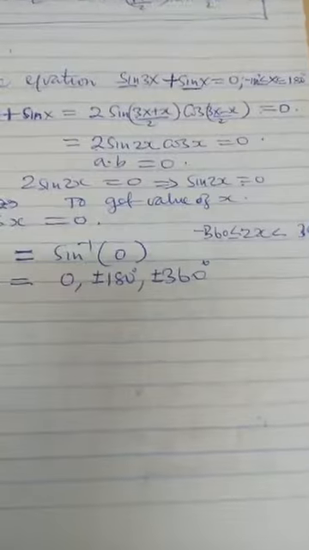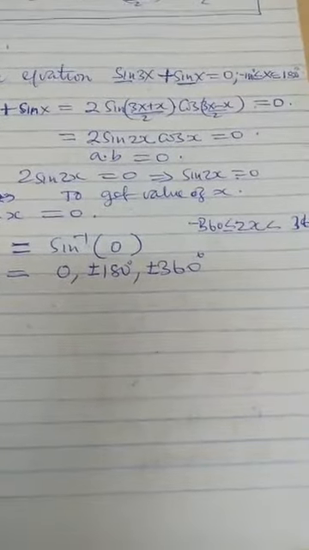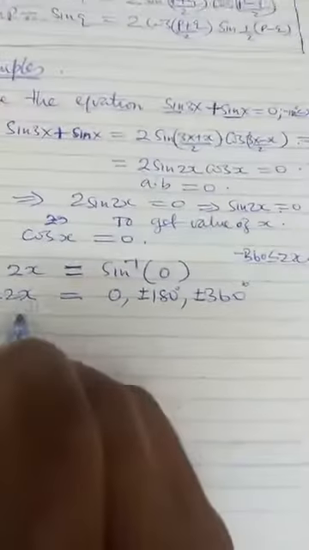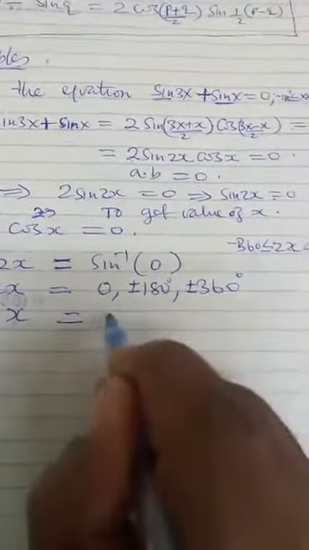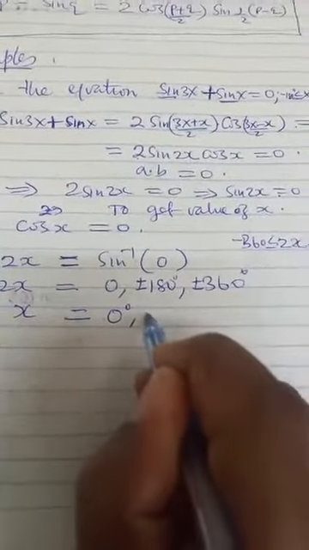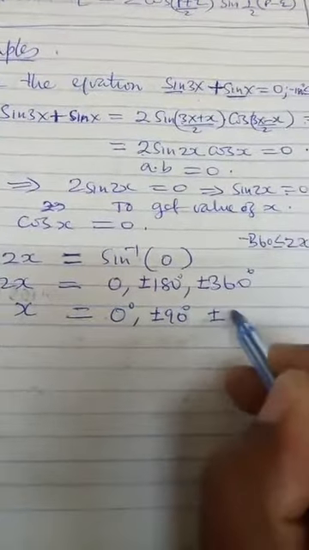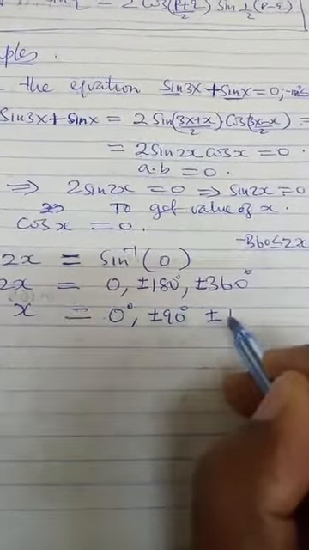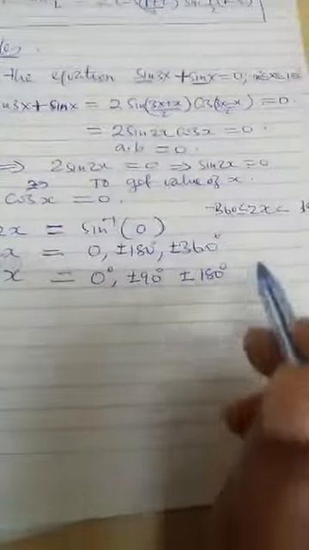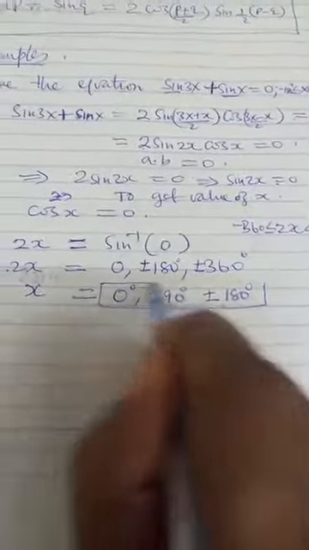The sine of negative 360 is also 0. So the valid values of x will be 0, plus or minus 90, and plus or minus 180. Now these are the values of x for that first part.